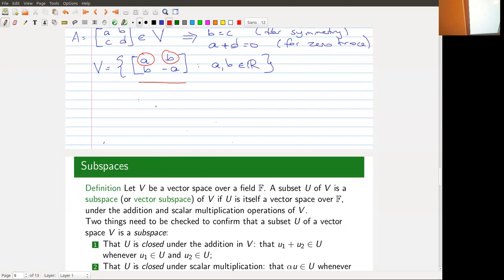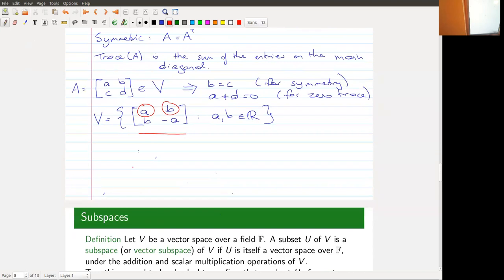Okay, let me say a word or two about subspaces and make the comment that V here is a subspace of the vector space of all 2 by 2 matrices with entries in the real numbers, which would be a 4-dimensional space, because to write down a 2 by 2 matrix with real entries, you have 4 completely free independent choices to make for the 4 entries.